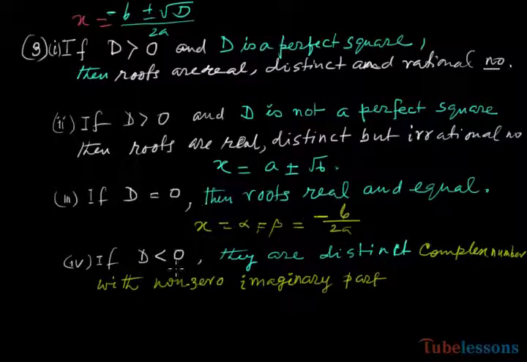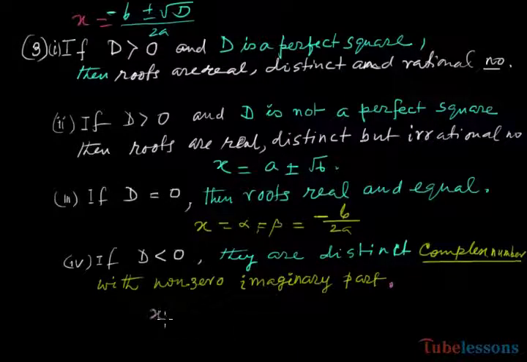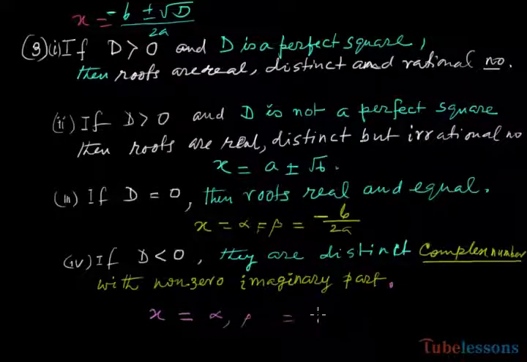And if d is negative, now they are distinct complex numbers with non-zero imaginary part. And they may be in the form x is equal to alpha or beta is p plus minus i q.